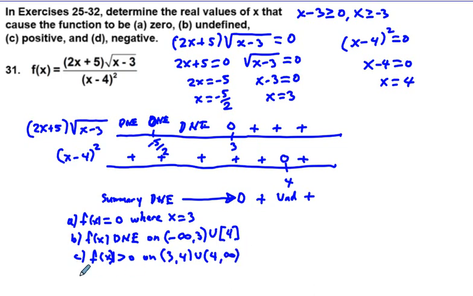And finally for D, we don't see any negative f of x. We'll say f of x is less than or equal to 0. We'll say nowhere. So that's what we have there.